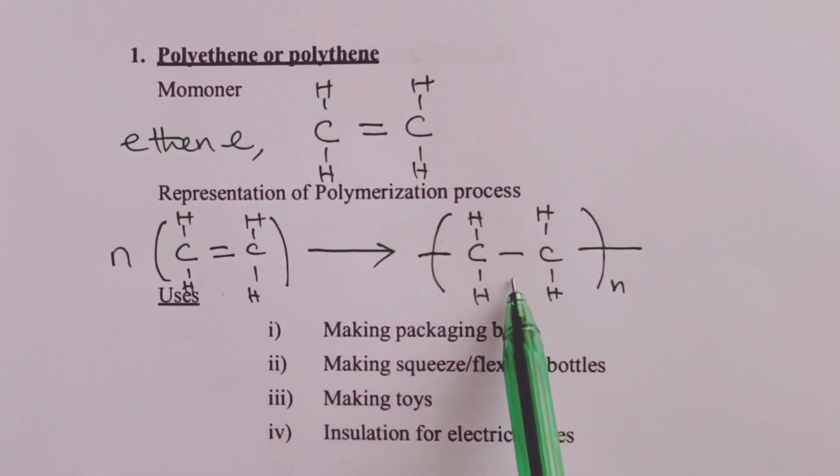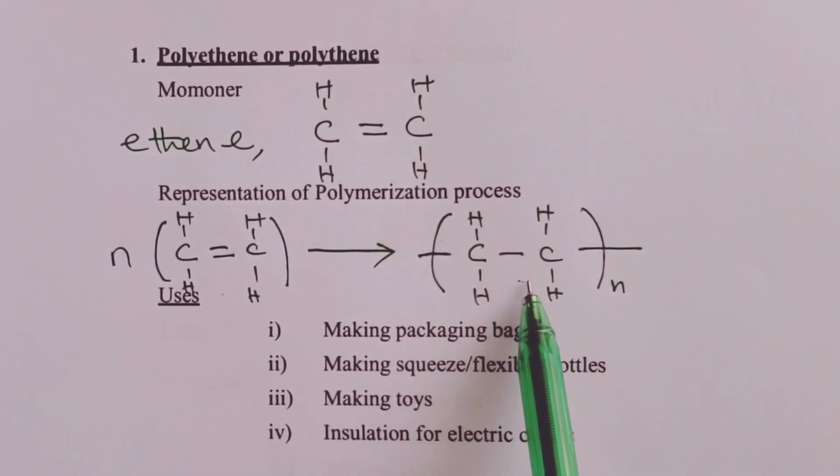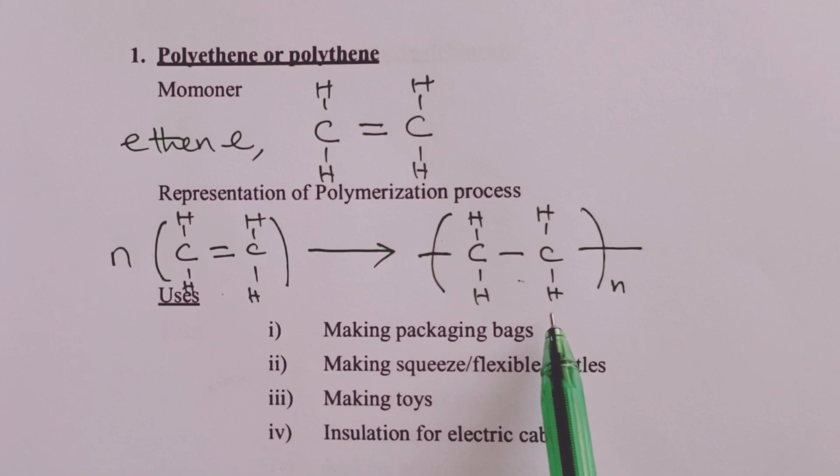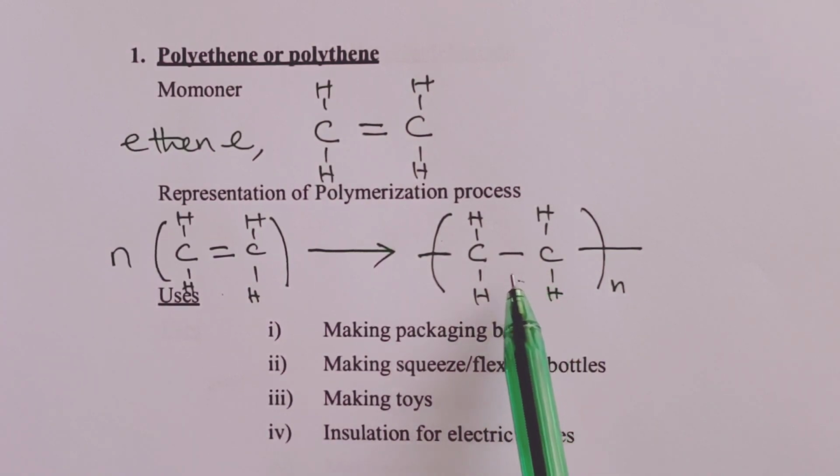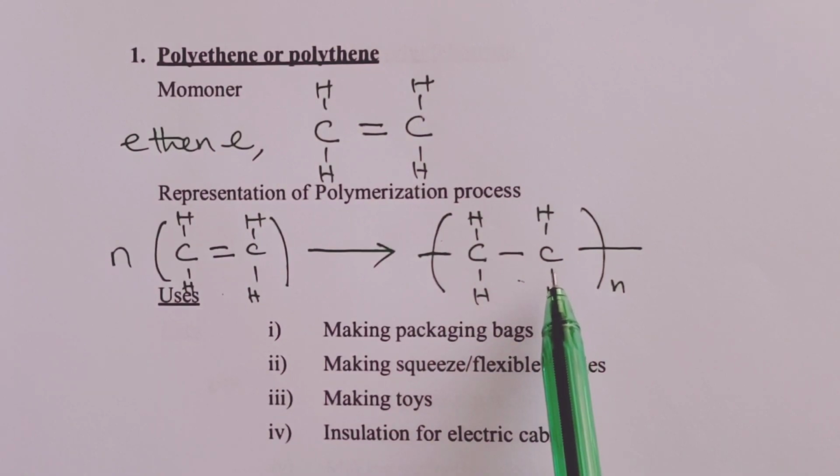The polymer should have multiples of 2 in the bracket here. We don't allow numbers that are not multiples of 2. So if a candidate would maybe draw a structure that has 3 carbons inside the bracket, that is not acceptable.